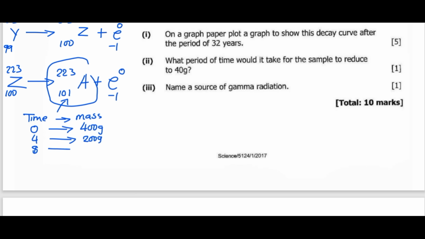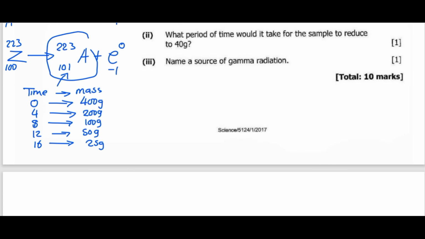After 8 years, half will decay, 100 grams. After 12, we are going to have 50 grams. After 16, we are going to have 25 grams. Then after 20, we get 12.5 grams.